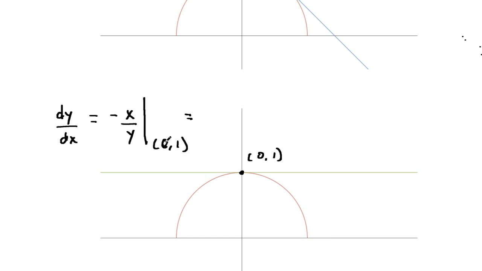Plug in 0 for x, plug in 1 for y. So we get 0. The derivative is 0 at that point, which verifies the fact that the slope of the tangent line is 0 at that point.